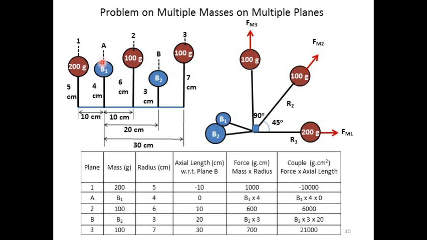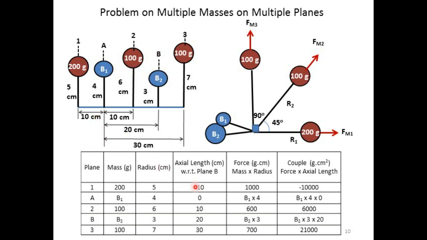I will repeat again. If you take the couple or moment of the unbalanced mass at gear 1, which is 200 gram, and this is a clockwise direction, then the moment or couple produced by the other balancing or unbalanced masses will be in the counterclockwise direction.